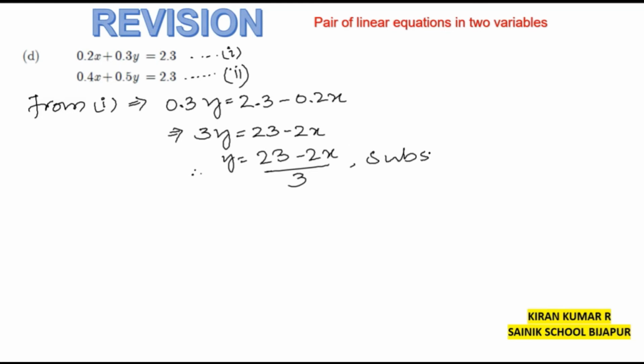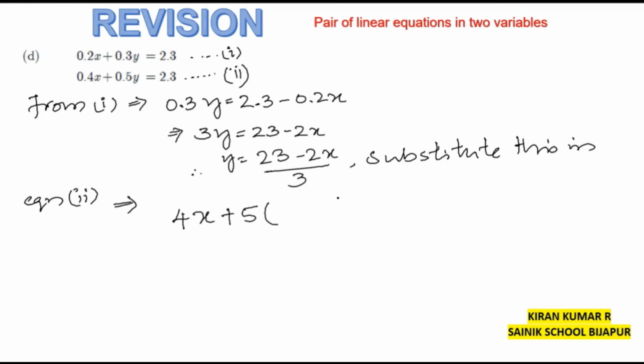Substitute this in equation 2. In the equation 2 also, I can write by multiplying both the sides by 10, it becomes 4x plus 5y equal to 23. Instead of y, (23 minus 2x) upon 3.